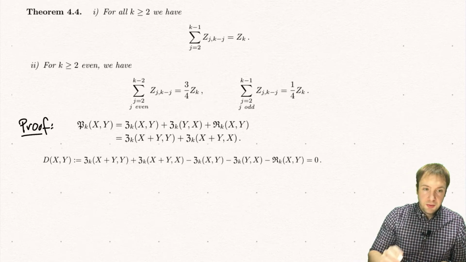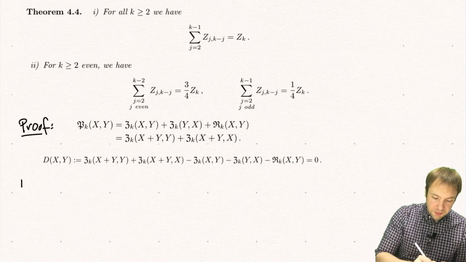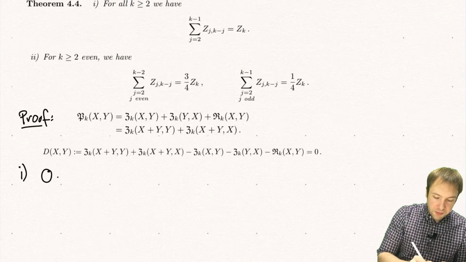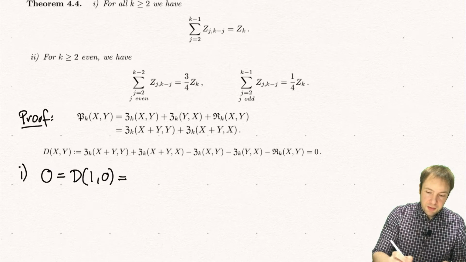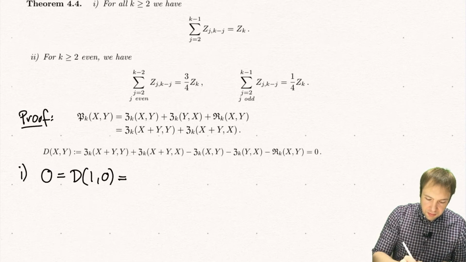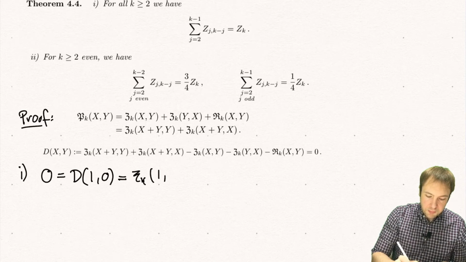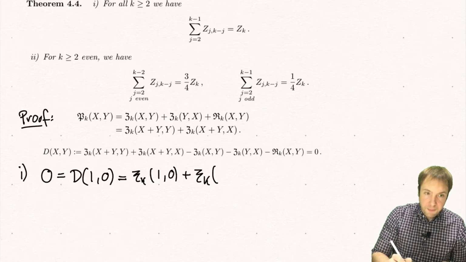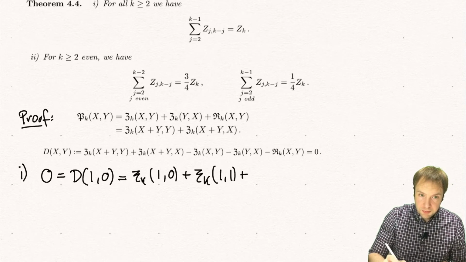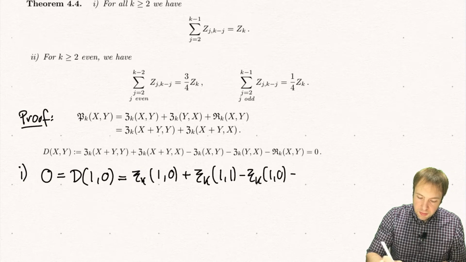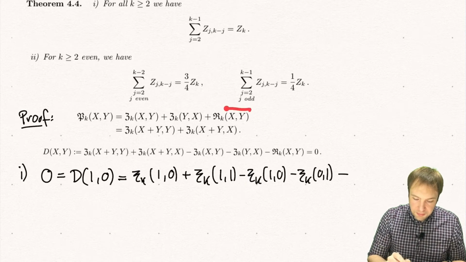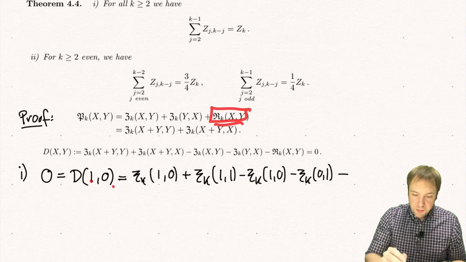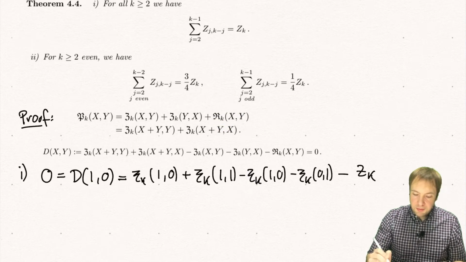And so the proof of number 1 is then simply given by saying, well, 0 is given by d of something, and for example I can plug in 1 and 0, and if I write this out, this is zk 1 0 plus zk 1 1 minus zk 1 0 minus zk 0 1 minus, and if I plug in here in this rk 1 and 0, then this just gives the symbol zk.